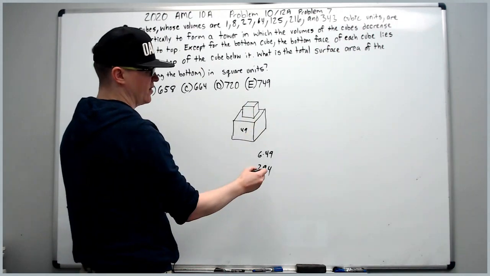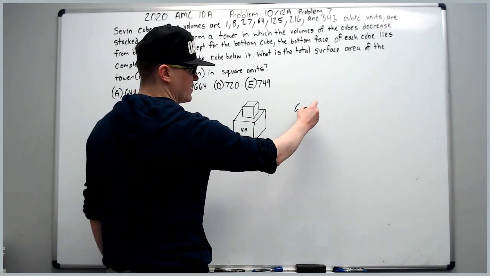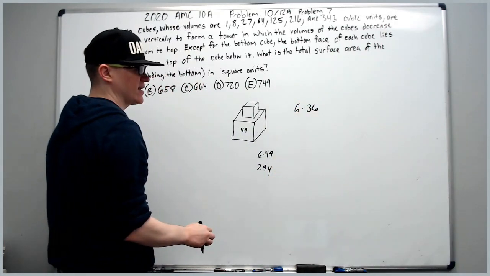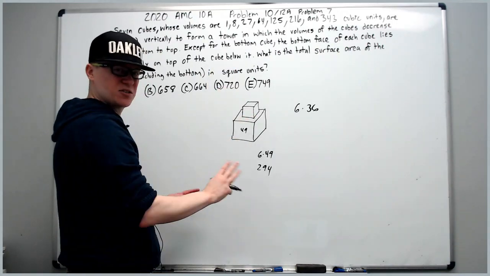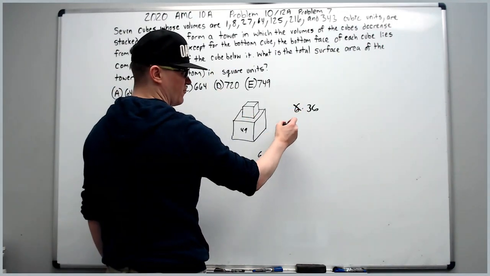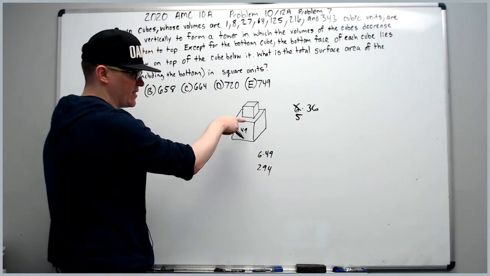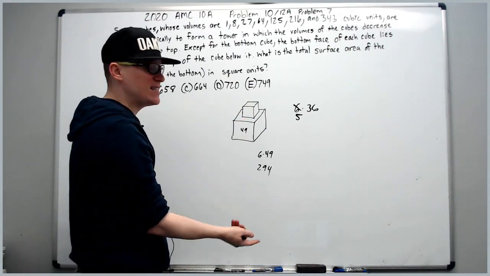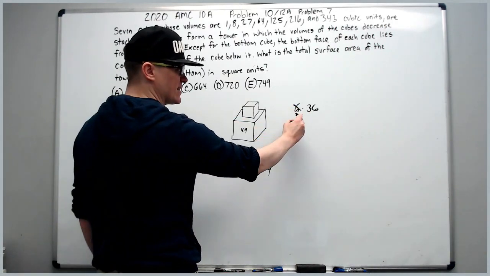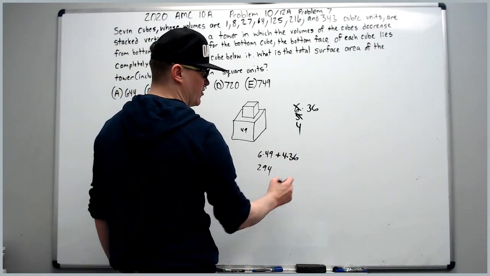Basically, this block is also going to have 6 sides, each with area 6 squared, which is 36. However, one of those sides is facing down, so we don't count it in the surface area. And then it covers up an equal space on the 7 by 7 by 7 cube, so you're losing an additional area of 36, and you really only have 4 times 36.